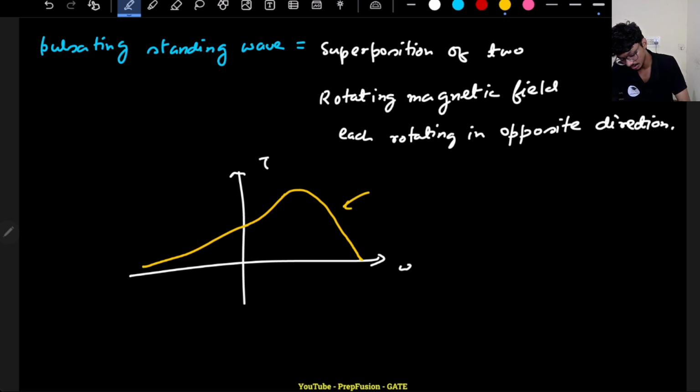Now this was the torque developed for an induction motor rotating with speed omega, but what if it is opposite? The graph will just be flipped, so the other will be like this.